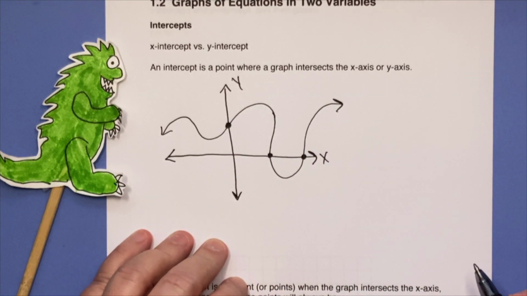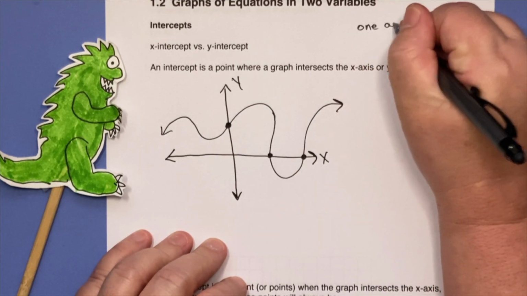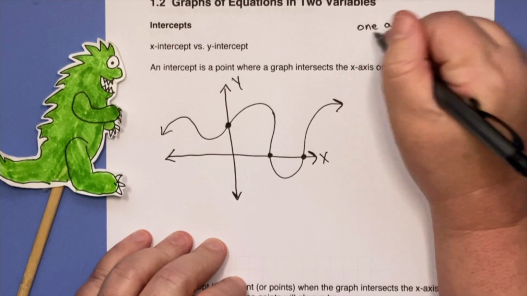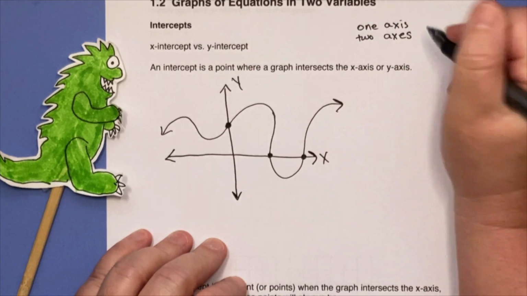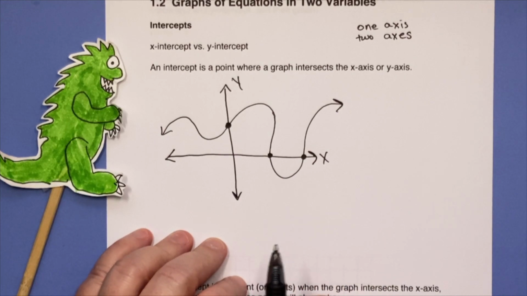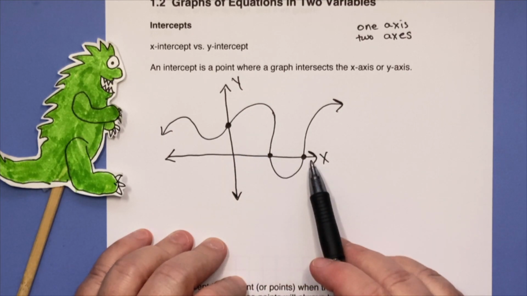And remember that if we have one of them, it's called an axis. And if we have 2 or more, we have axes. And we tend to exaggerate it so it's easier to hear. So I've got 3 intercepts.